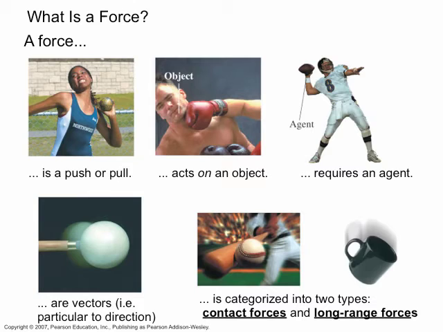We have two categories of forces: contact forces and long-range forces. Almost all the forces we'll discuss are contact forces, and the two long-range forces that we have are gravity and the electromagnetic force. Most often, the long-range force in our problems will be the force of gravity.